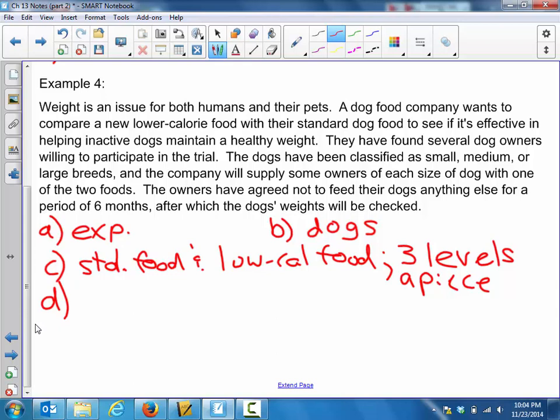On to D. They want to know about the number of treatments. Well, if you've got small, medium, and large dogs getting 3 different amounts of food, and you've also got those small, medium, and large dogs getting the standard food or the low-cal food, there must therefore be 3 times 2, or 6 treatments in all. Okay?